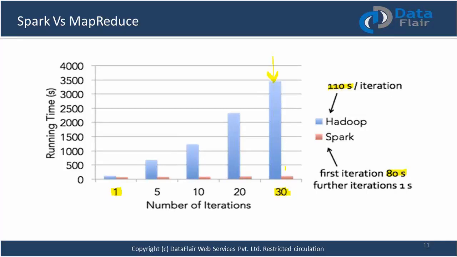That is, 30 iterations would be 110 seconds. Compare it: 110 seconds versus 3500 seconds. Huge difference in the performance. And this is again just for 30 iterations. Practically we need hundreds of iterations. You can imagine, guys, the performance Spark is providing.